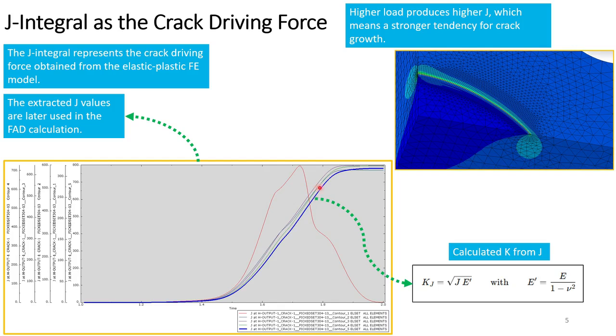In this case, the J integral values are considered converged by about contour 5, which is the blue one. So I use the fifth contour data for this assessment. At this stage, the main objective is to extract the stable J integral results from the FE model and then use those converged values in the FAD calculation.